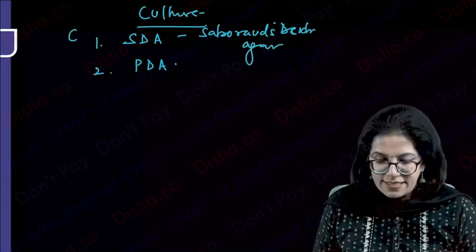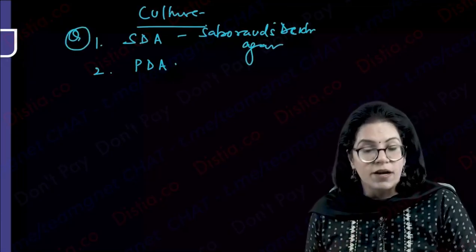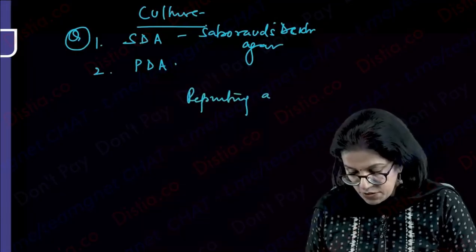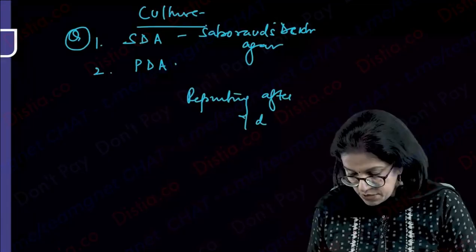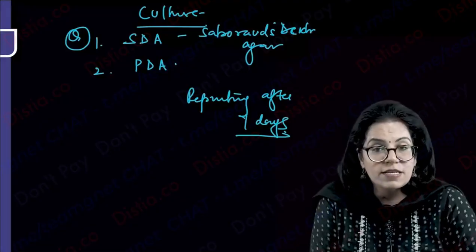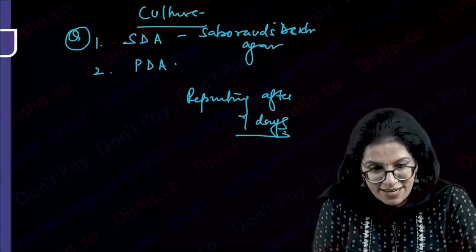Make a Q here. This can be asked. Now, the initial growth of fungi takes a lot of time, 72 hours. So reporting should only be given after 7 days. Don't hurry with the reporting of the culture here. We don't do it for bacteria, it's generally 3 days, but here we have to wait 7 days to report. Keep this in mind.